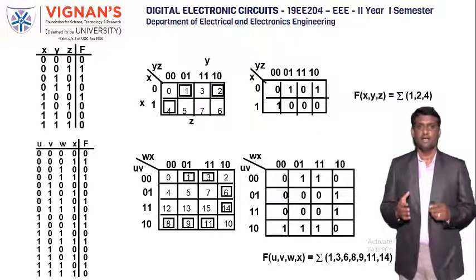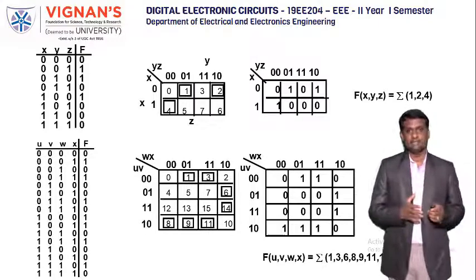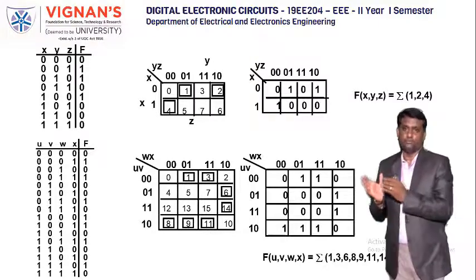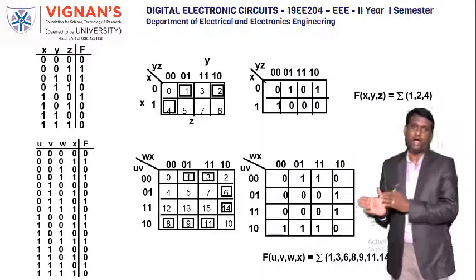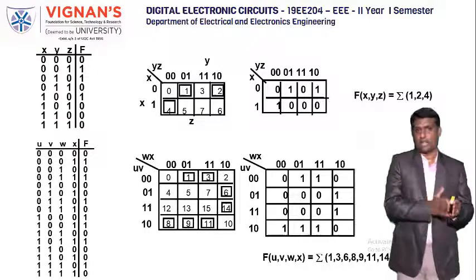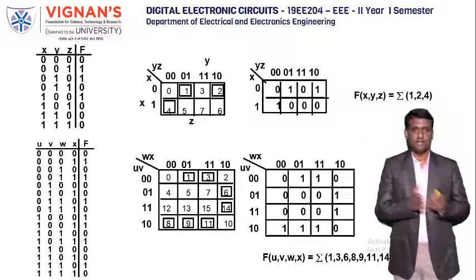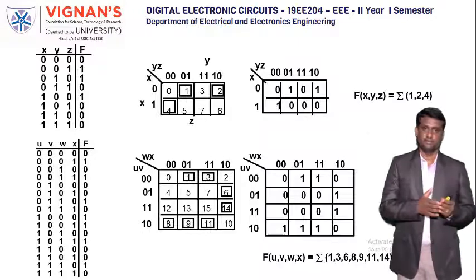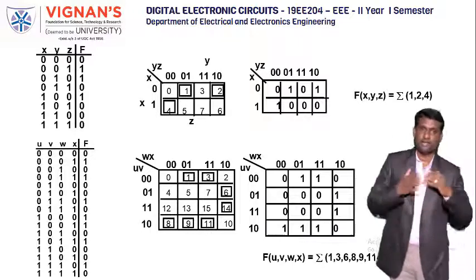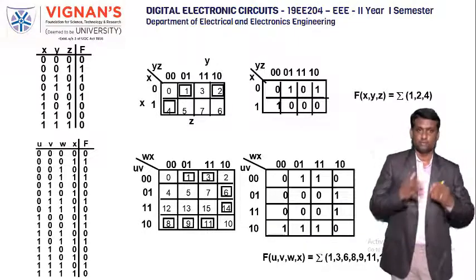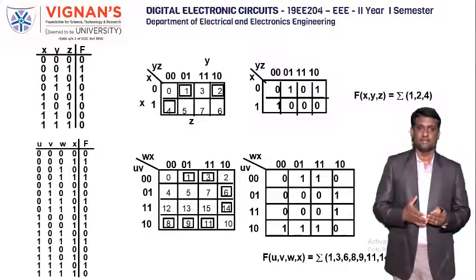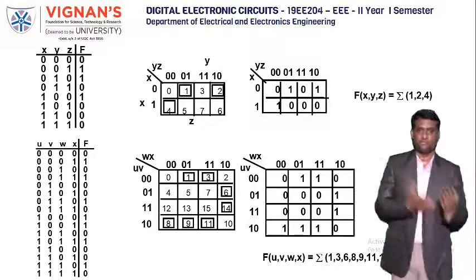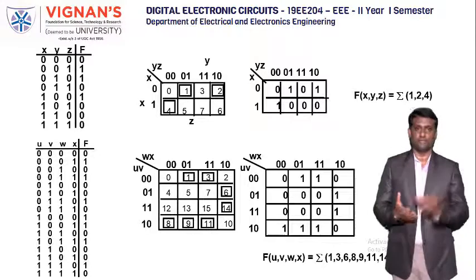Like that, we represent a truth table onto the K-map, either for the 3 variable or the 4 variable. Similarly, we can also represent a Boolean function onto the K-map.